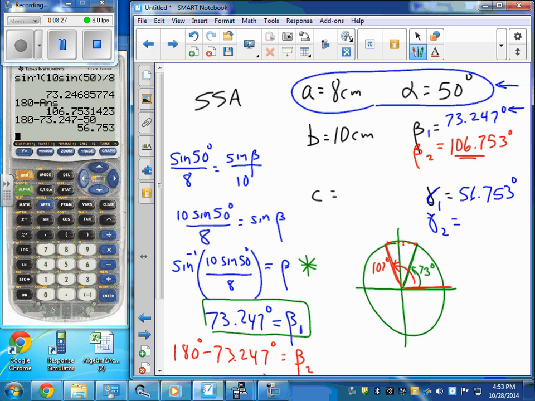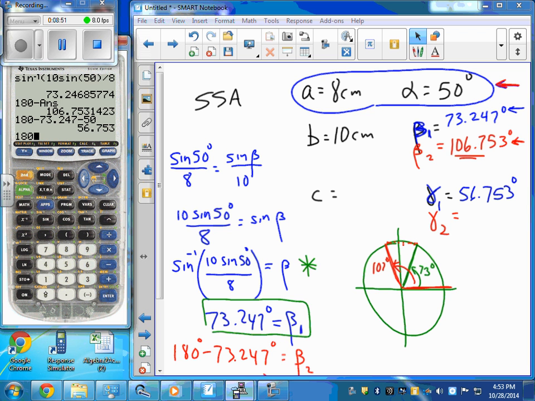Maybe I can do all of these in blue, beta 1, and then all the second possibilities in red, so we can keep track of them. So gamma 2, and again, what we'll do here, we'll take beta 2 and alpha, add those, and subtract that from 180.